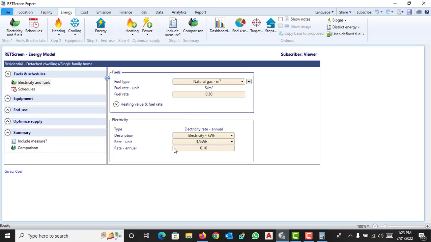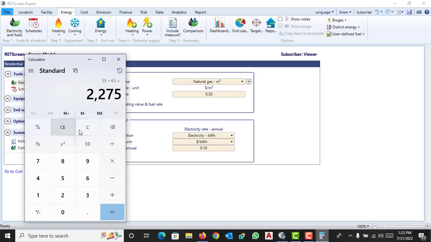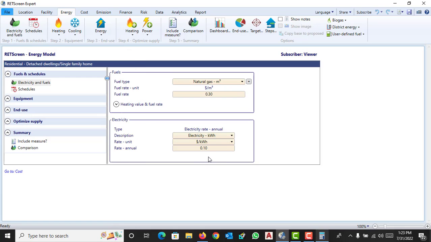And for electricity, you must know what's your rate per kilowatt hour. In my country, it's around 24 rupees, and it may be some 0.12 cent.